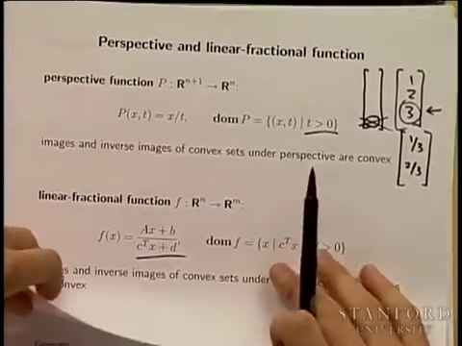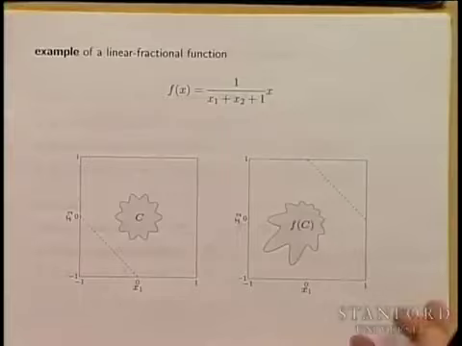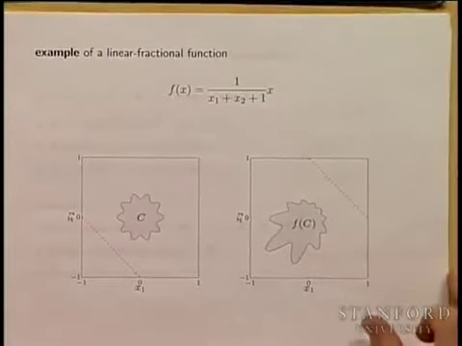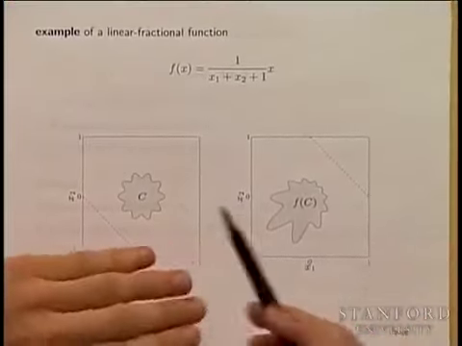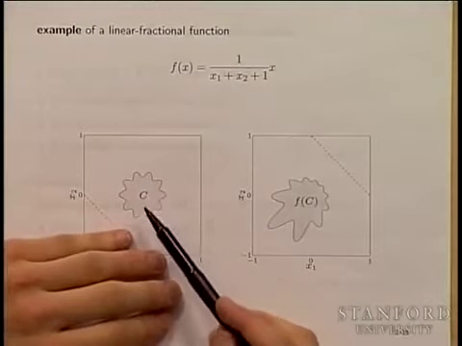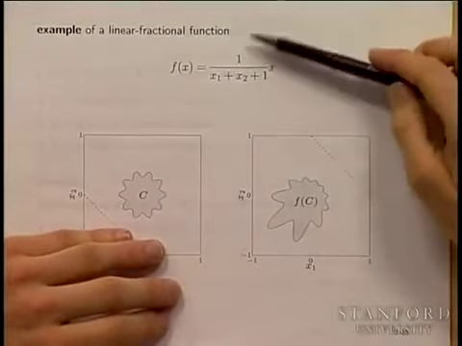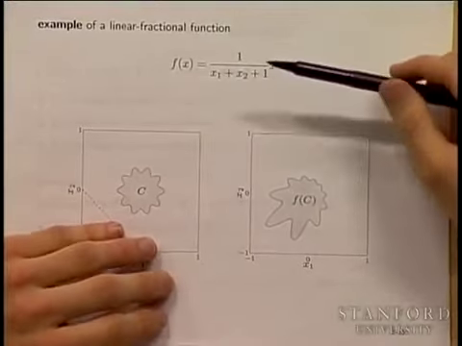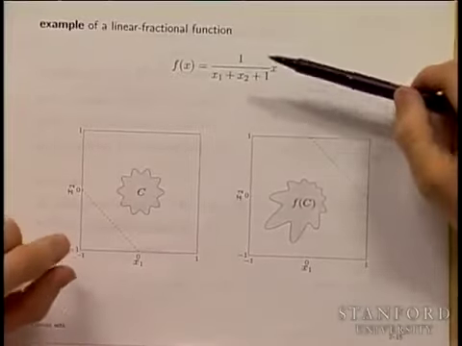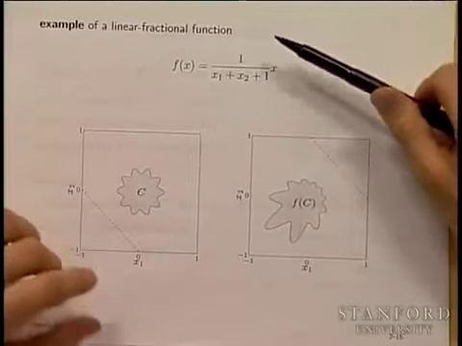So just to see one example of this, just because it's probably quite a mystifying concept if you haven't seen these before, we take just a set C here like this, okay? And here's a linear fractional function which you can think of as similar to a perspective function or a generalized perspective function.